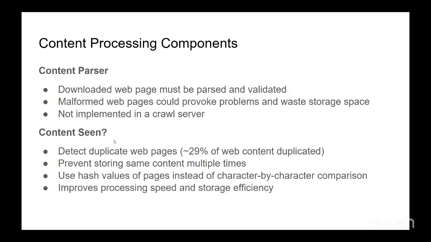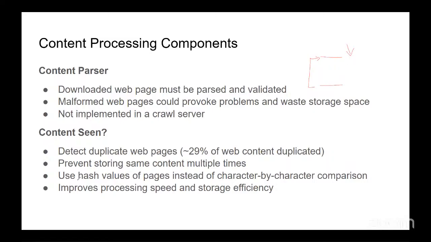How do you identify that the content you have parsed is already seen? You can do two things. One way, since you have these HTML tags, is to compare the HTML character by character with other HTML, but definitely this character by character comparison is going to be very slow and is not recommended.